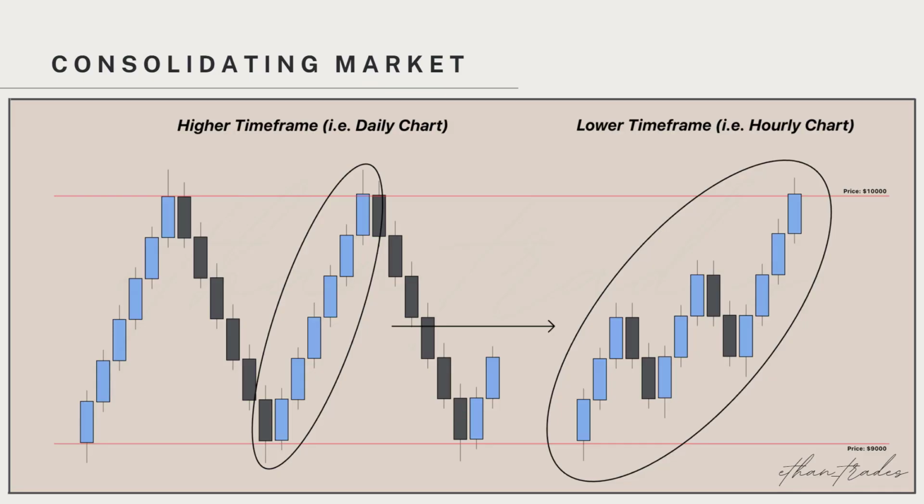For a moment, I just want you to imagine if this up move right here was, let's say, the yearly chart, and you understand that the market is consistently moving higher on the yearly chart. Then, let's say this chart on the right side was the daily chart.